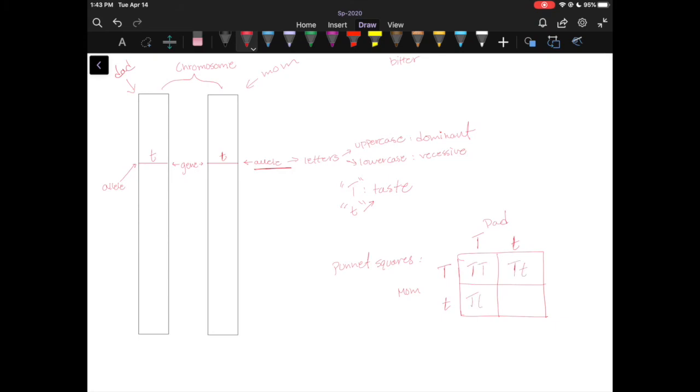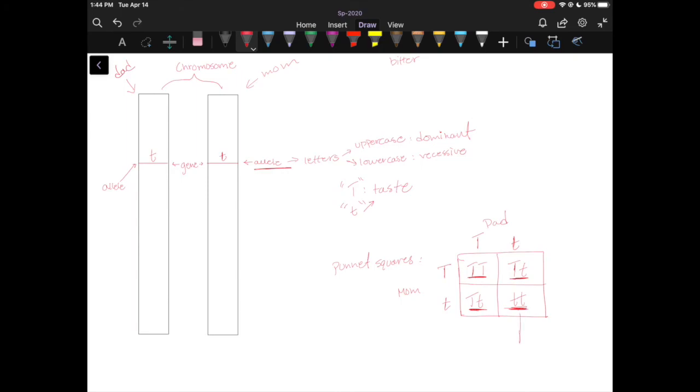But if we do this Punnett square here, it is not completely guaranteed that their offspring will be able to taste the PTC. Like we mentioned before, if we have two uppercase T's, or an uppercase T and a lowercase t, as shown here in these three squares, then those are dominant and the PTC receptor is going to be expressed.